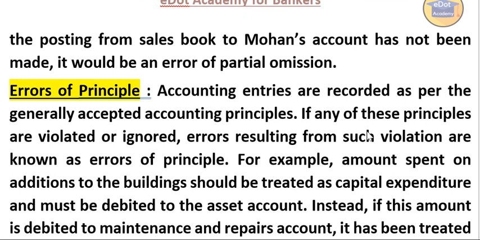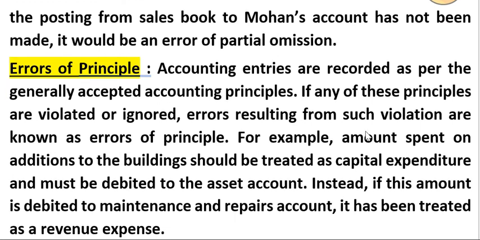So error of principle means whatever entry we made, as per the accounting principles. Accounting entries are recorded as per the generally accepted accounting principles. Okay. So if we commit a mistake in principle, right? If any of these principles are violated or ignored, errors resulting from such violation are known as error of principle.